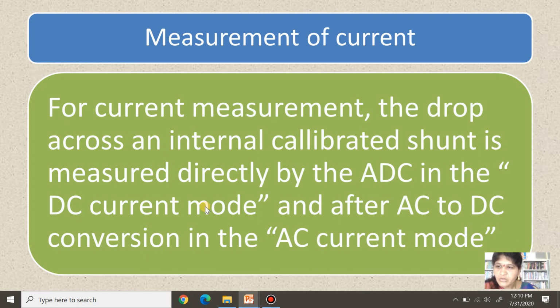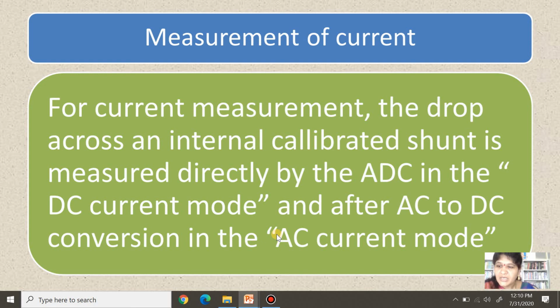If you want to measure the AC current, then AC to DC conversion is needed and the AC current can be calculated. In the block diagram you can see that we are measuring the direct current with a current to voltage converter, using the value of the shunt to directly calculate the current.